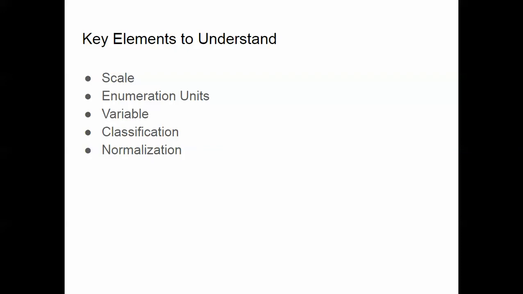Now, the last term here is normalization. And this has become very, very important when we talk about things like the coronavirus pandemic. Normalization means we do something to make two different enumeration units comparable. Okay, so normalization means to make them comparable.